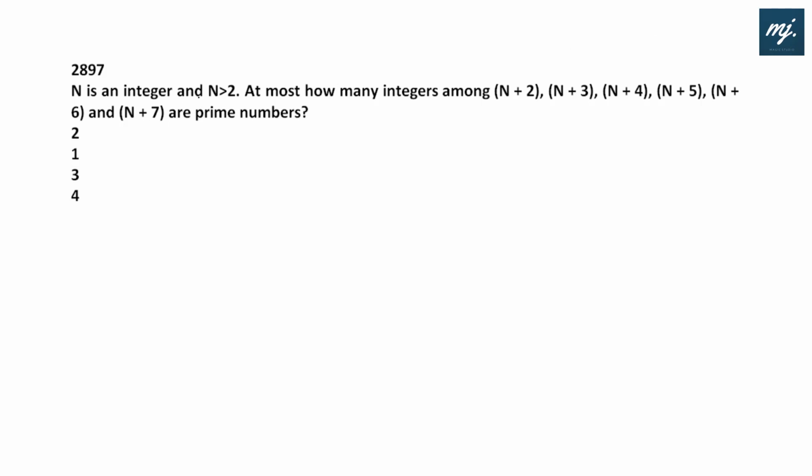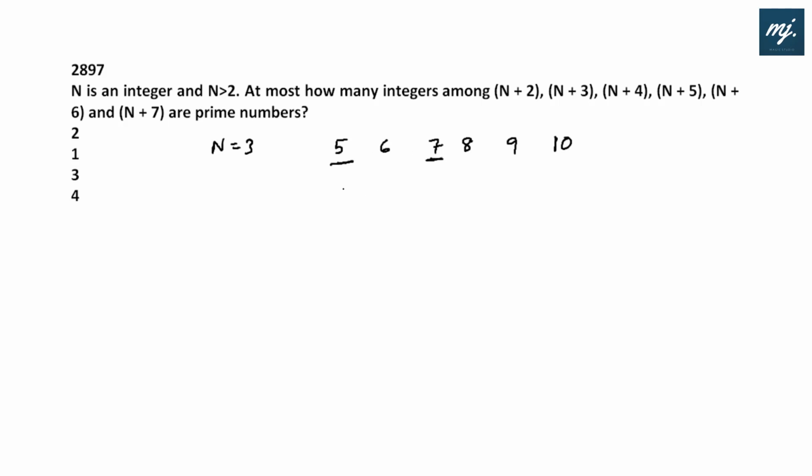N is an integer and n is greater than 2. n, n+1, n+2, n+3, n+4, n+5. At most, how many integers among these 6 consecutive numbers are prime numbers? So if I take n equals 3, the consecutive numbers would be 5, 6, 7, 8, 9 and 10, 6 numbers, out of which 5 and 7, these two are prime numbers.